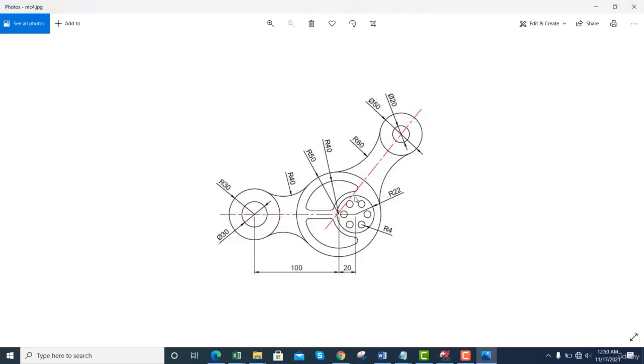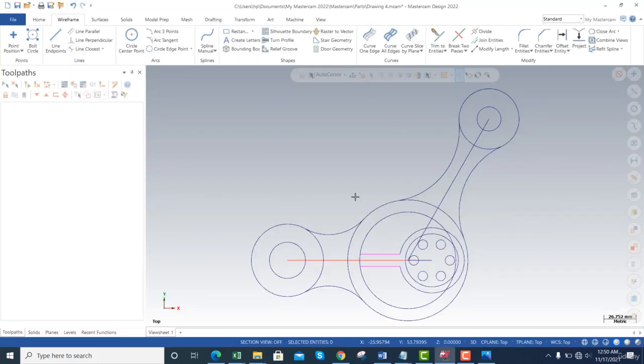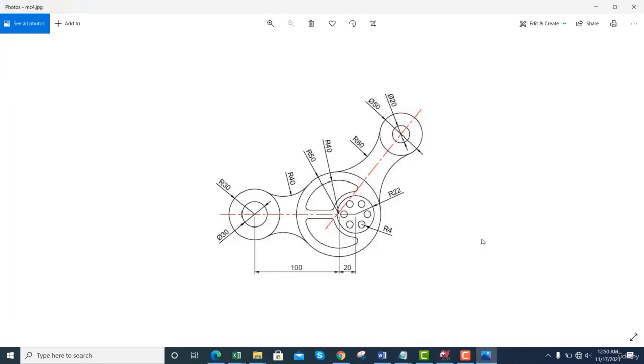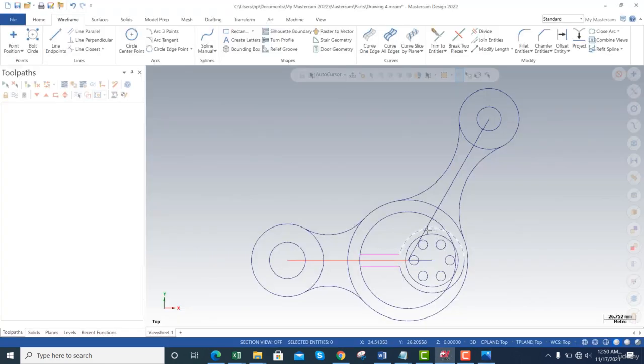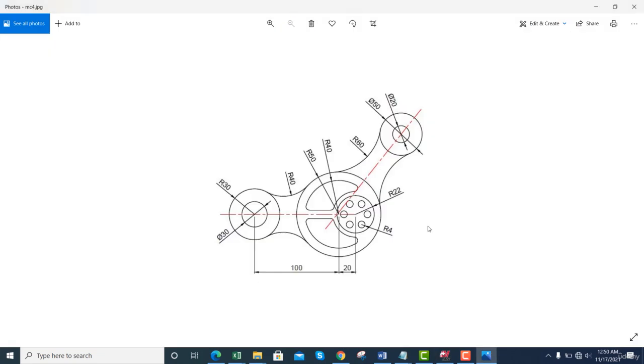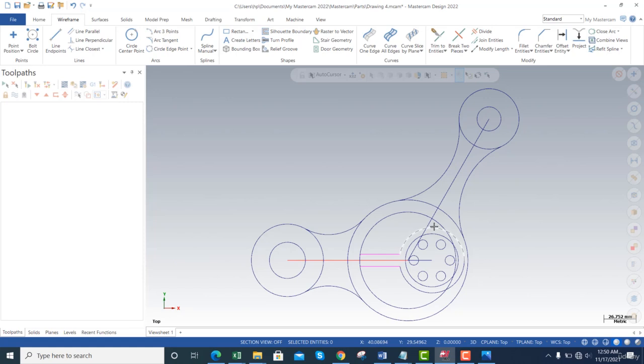Similarly, we don't need this side, so I will just break this one at this point and break this one at this point.